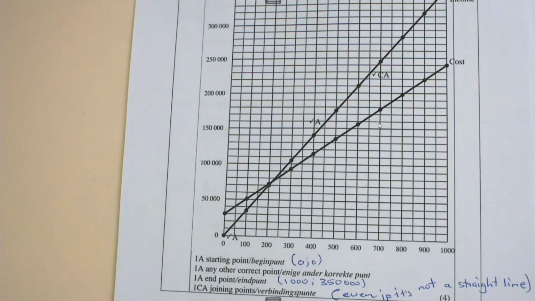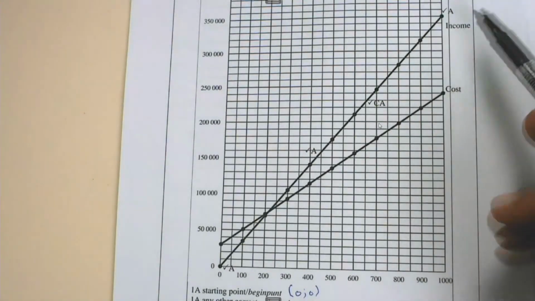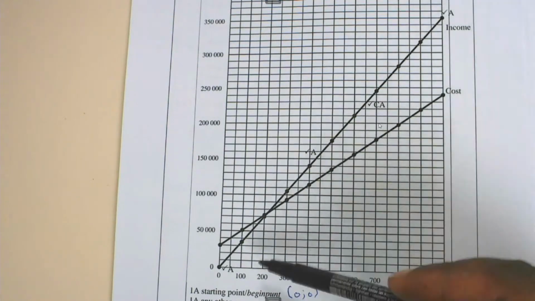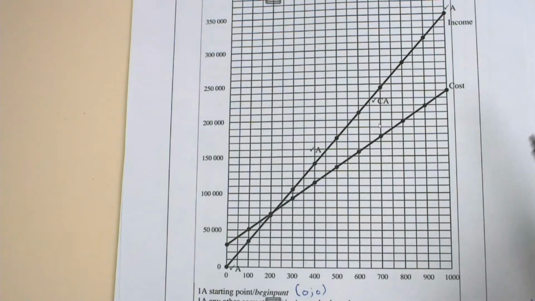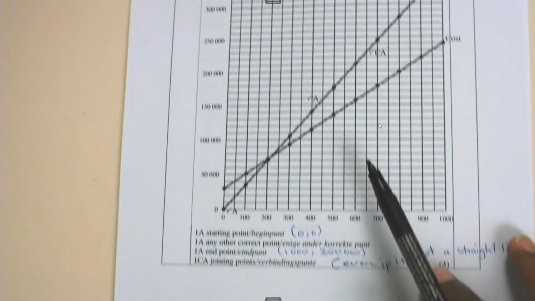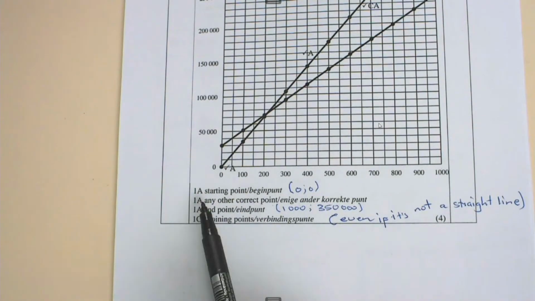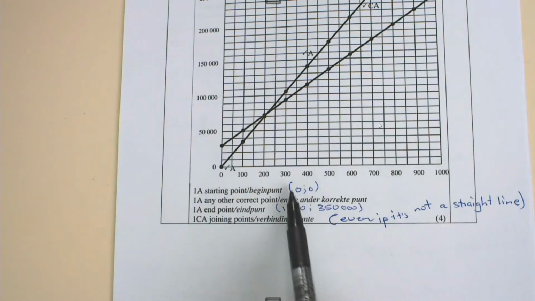Right, let's look at the marks allocated. The income graph is a straight line, labeled income. For the graph, there is one accurate mark for the starting point, which is 0 and 0.